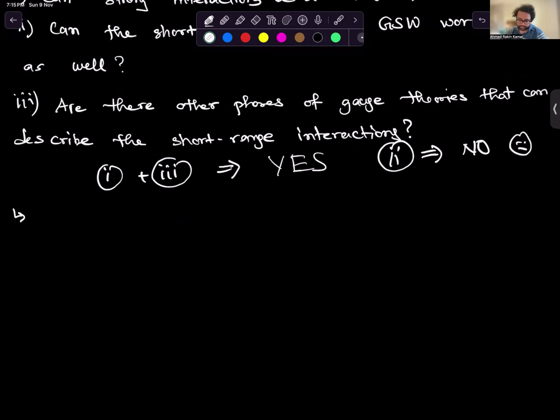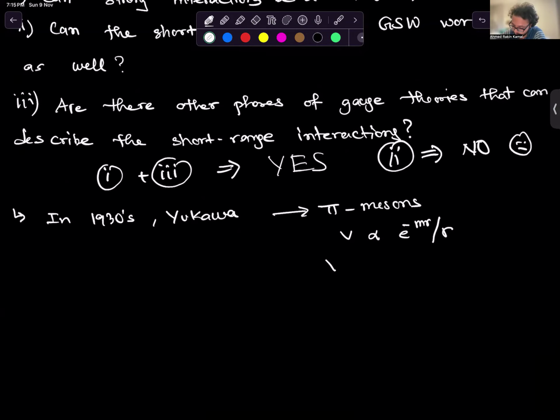So in the 30s, let's say, Yukawa predicted that the force carriers of the strong interactions were some mesons, which are some hadrons, called pi meson, and which had a potential like this.